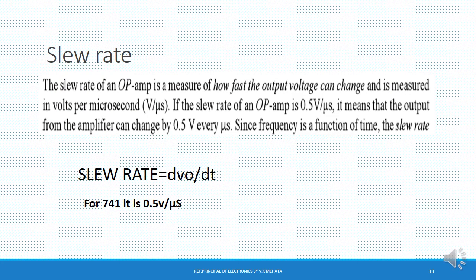Similarly, I want to explain the slew rate once again. What does slew rate mean? It measures how fast the output voltage can change, and is measured in volts per microsecond. The slew rate of the op amp is a measure of how fast the output voltage can change.